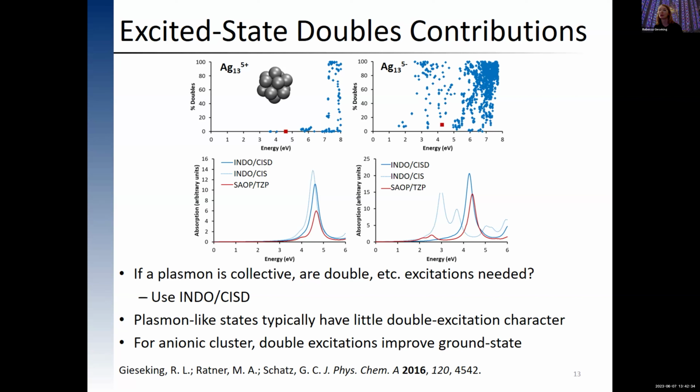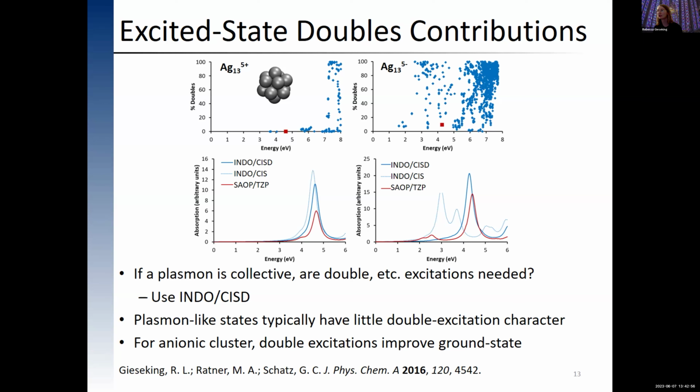So here I have two examples of a silver 13 cluster with very different charges. So if we have a really large positive charge on it, then our main absorbing state is around 4.5 eV. And that's just so low in energy that you can't have any double excitations contributing to that state.